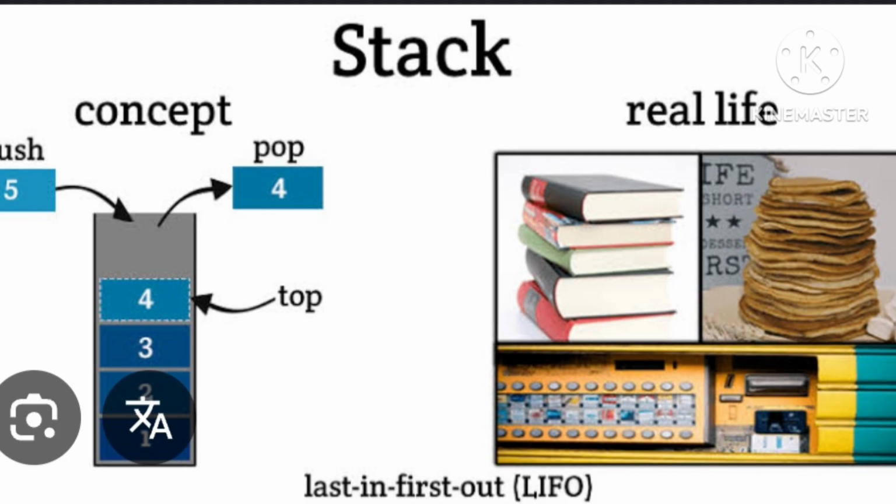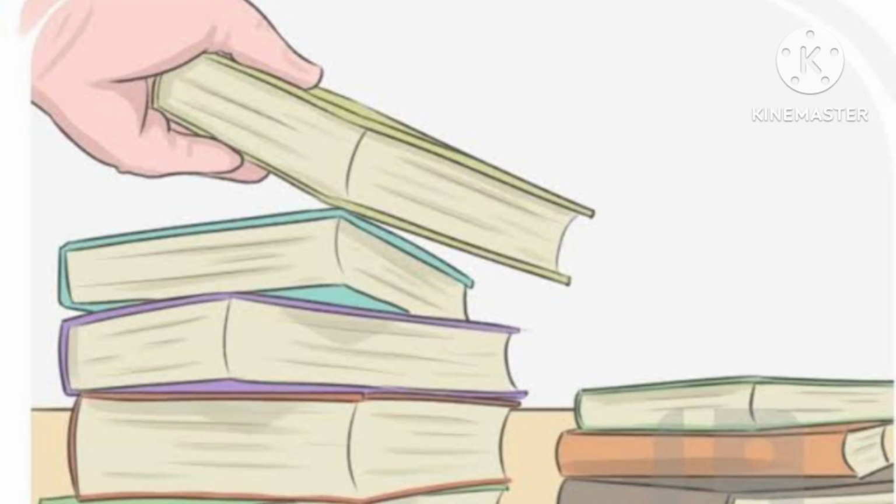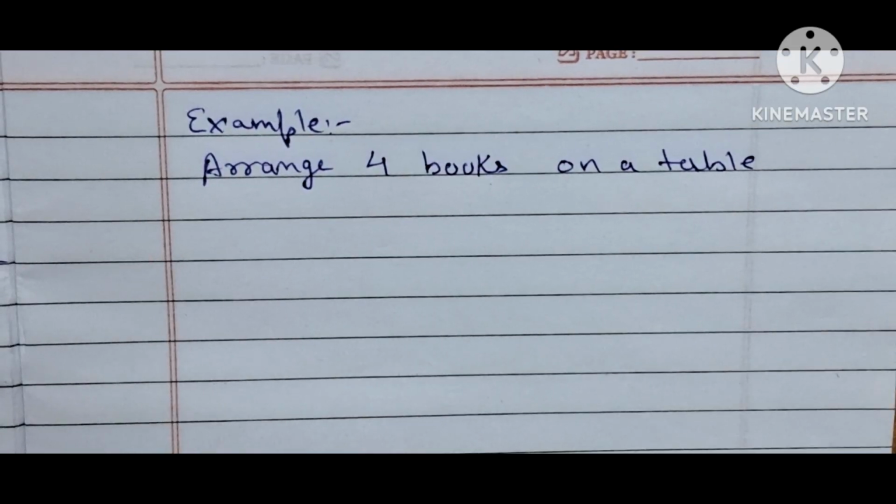Now let us understand the concept of stack, how the elements are inserted, that is pushed onto the stack, and how they are popped out, that is removed from the stack. For this we are taking an example of arranging 4 books on the table to form a stack of books.